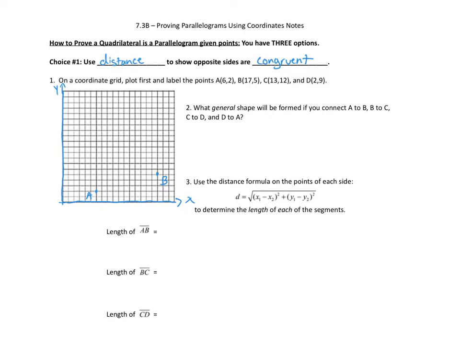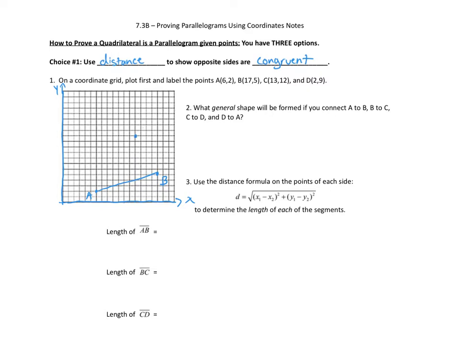Let me connect A and B, like so. C is (13, 12). So this is 17, 16, 15, 14, 13. Go up 12: 1, 2, 3, up to 12.